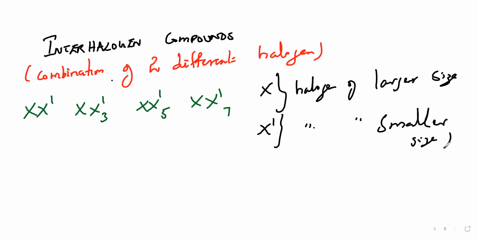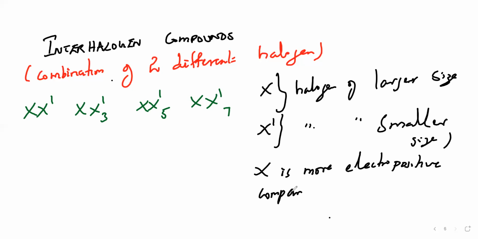Just to give you more insight, one more thing I'd like to tell is that X is more electropositive compared to X'. This is my X. It's more electropositive compared to X'.